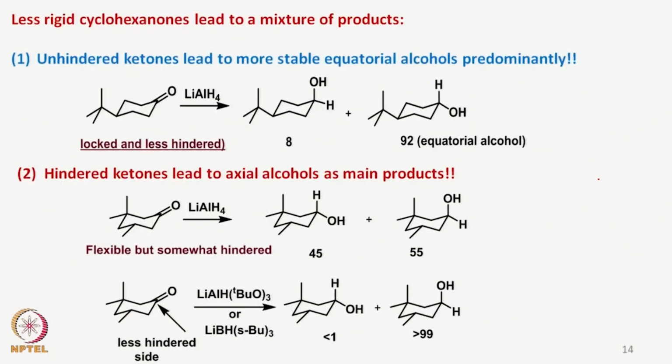If we take less rigid cyclohexanones, then we obviously get mixtures, and we can see how the distribution of the products occurs. For example, in a case like this, where we have put a tertiary butyl group, it is a kind of locked system, because the tertiary butyl group would always remain in an equatorial orientation.